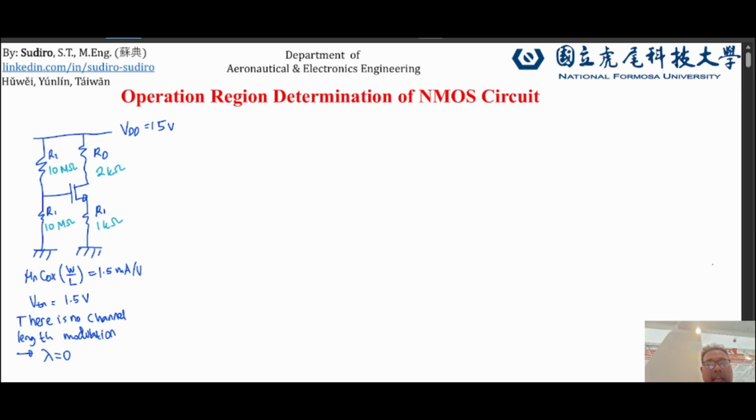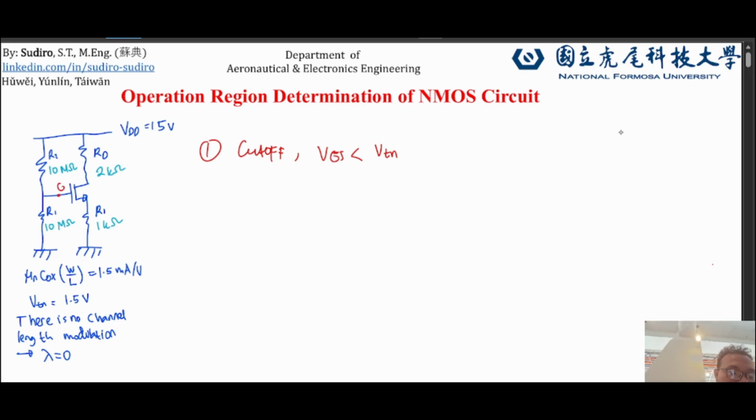We know that the NMOS has three different operation regions. The first one is the cutoff operation region. This occurs when VGS is less than VTN. VGS is the voltage between the gate and source.